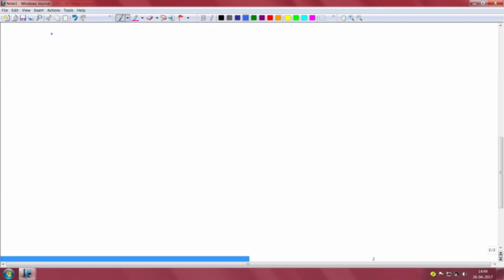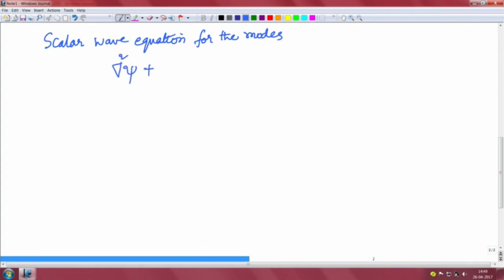We can start with the scalar wave equation for the modes, that is like this, where n is the refractive index profile, a function of x.